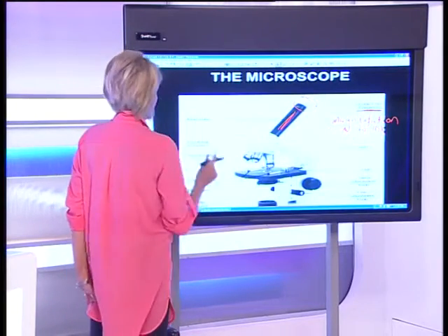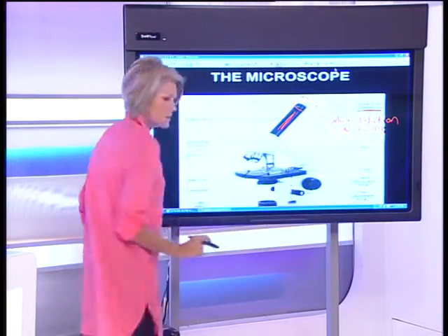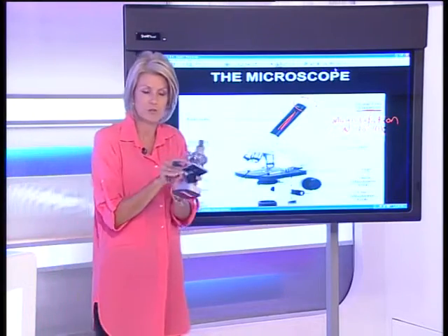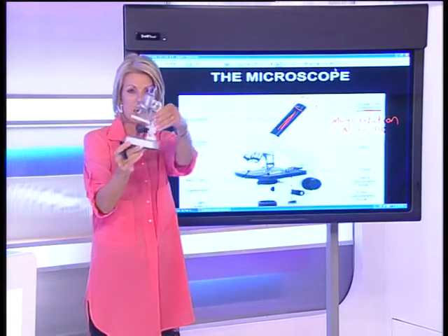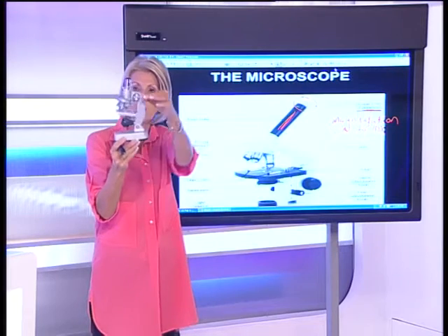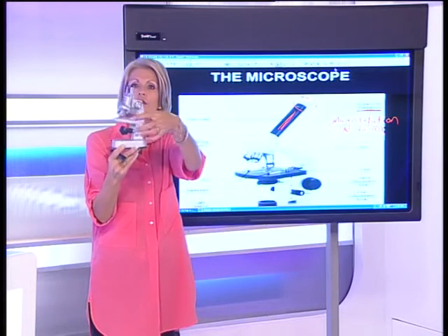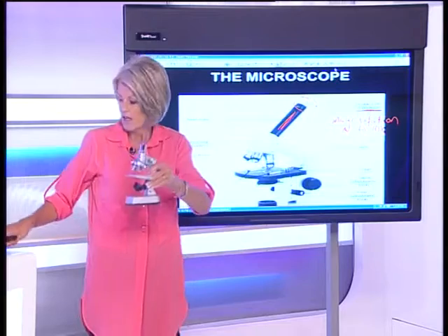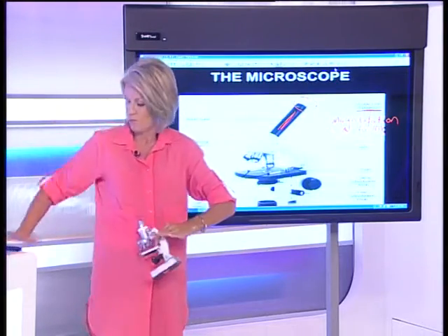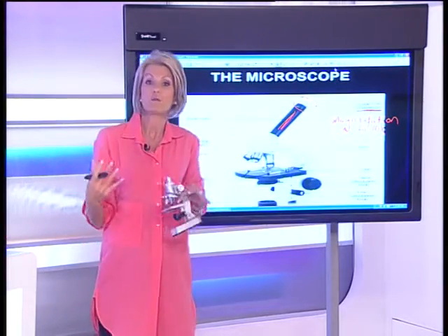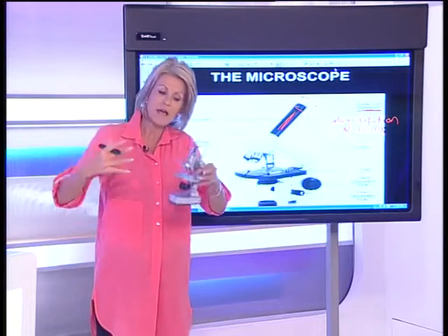All right, now, looking at this little microscope, what we've got is this part here, and that's where you carry a microscope. Even if it's one of those huge proper microscopes that you'd have at school, they're heavy, they're big.